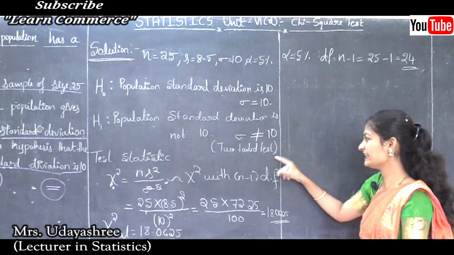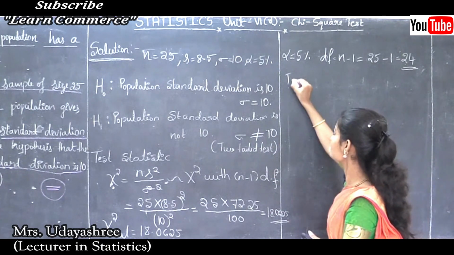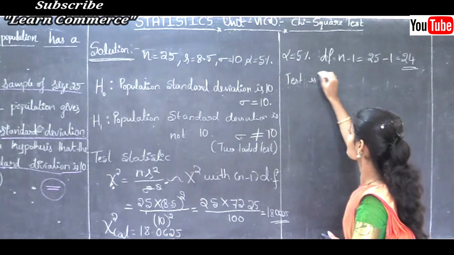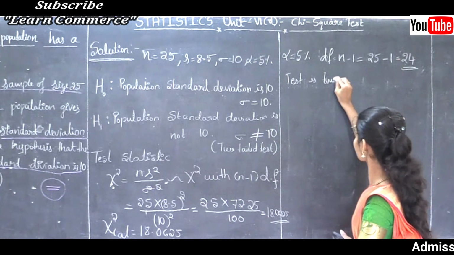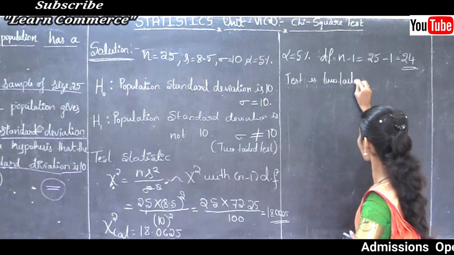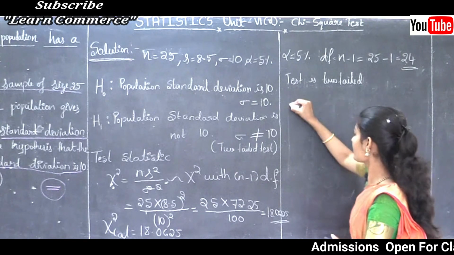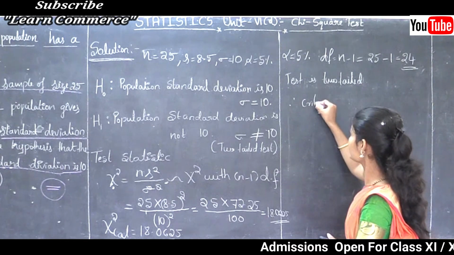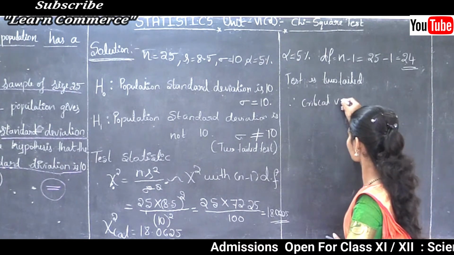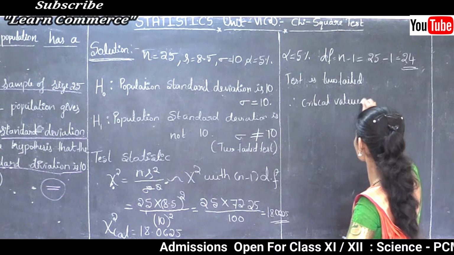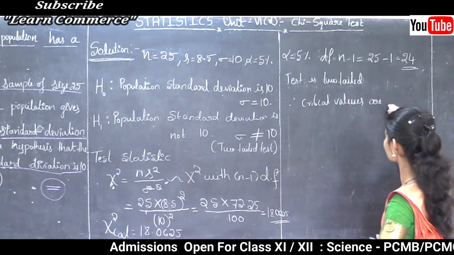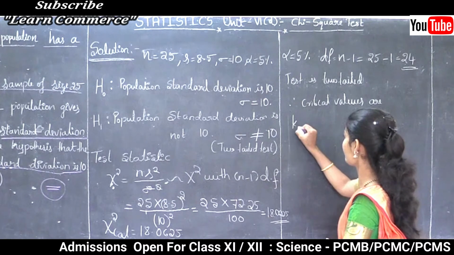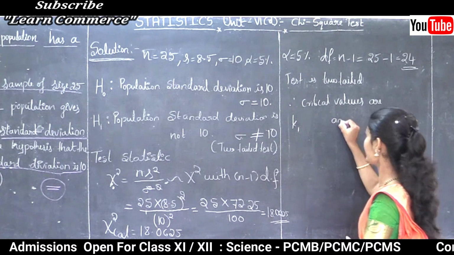Therefore, the critical values are K1 and K2.